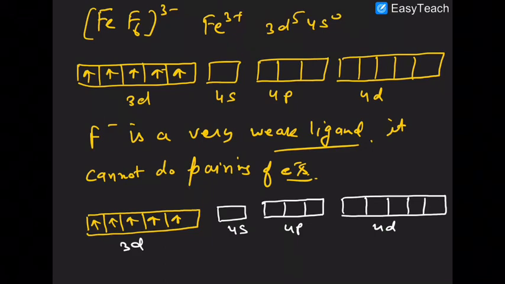Why? Because fluoride ions cannot do pairing of electrons, so the electrons will remain unpaired. So in case of 3d, we can see vacant orbitals are not available. When vacant orbitals are not available in 3d, the electrons go to the vacant orbitals available here.